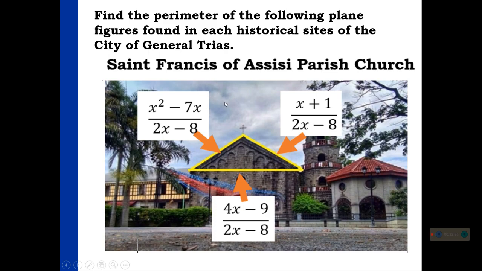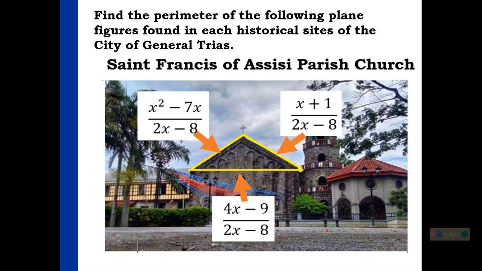Okay, so I have here some real life situation wherein you are going to find the perimeter of the following plane figures found in each historical site of the city of General Trias. So I have here the first picture of St. Francis of Assisi Parish Church. Okay, so I have drawn here the triangle at the roof of our church.